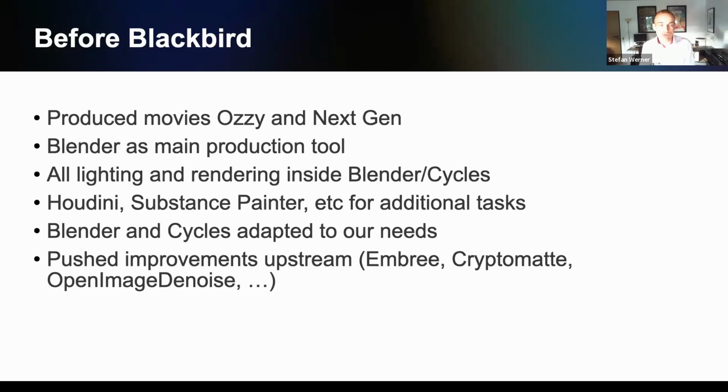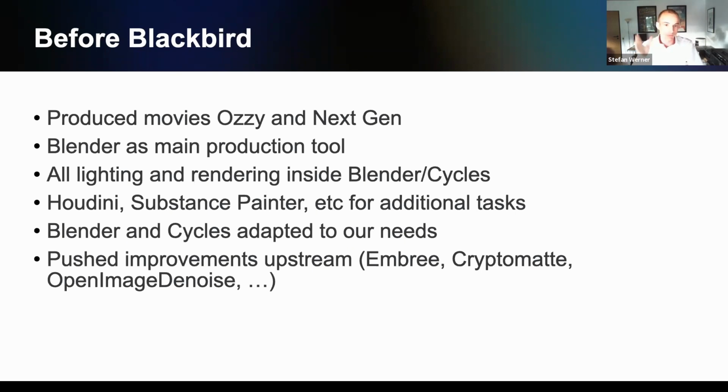And this was produced using Blender as the main production tool, which meant that all lighting and rendering was done using the Cycles render engine. We were using some of Houdini and Substance Painter and similar tools for additional tasks, but the main core part of the pipeline was built in Blender.